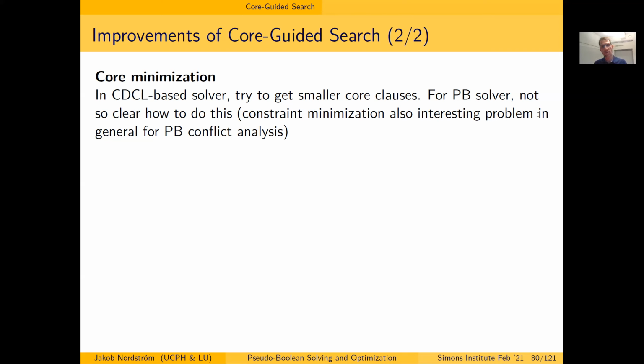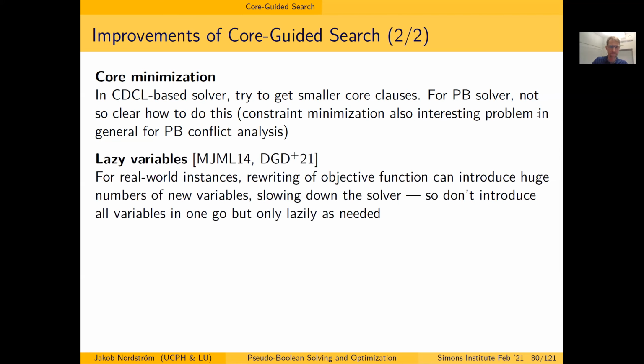For a pseudo-Boolean solver, it's not so clear how to do this, but maybe something can be done, although to the best of my knowledge, I don't know of anything that has been implemented in this regard. And I should note that this idea of minimizing the constraints that you learn during conflict analysis is an interesting problem for pseudo-Boolean conflict analysis in general.